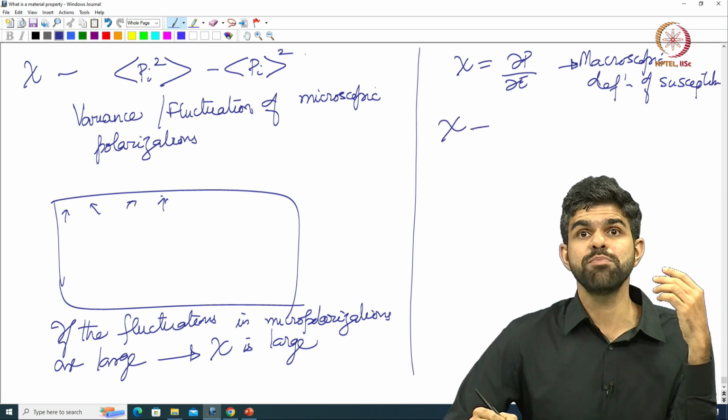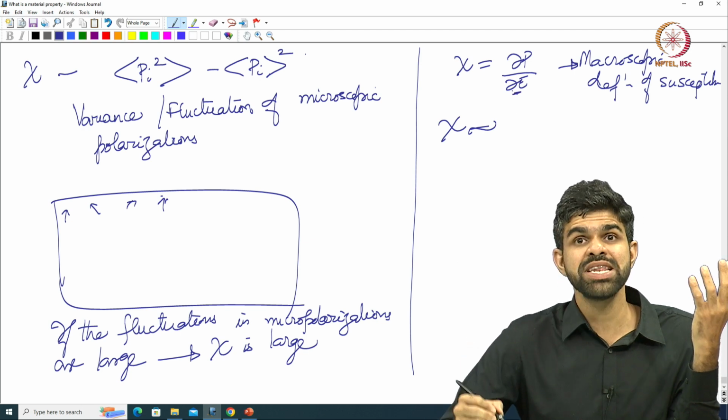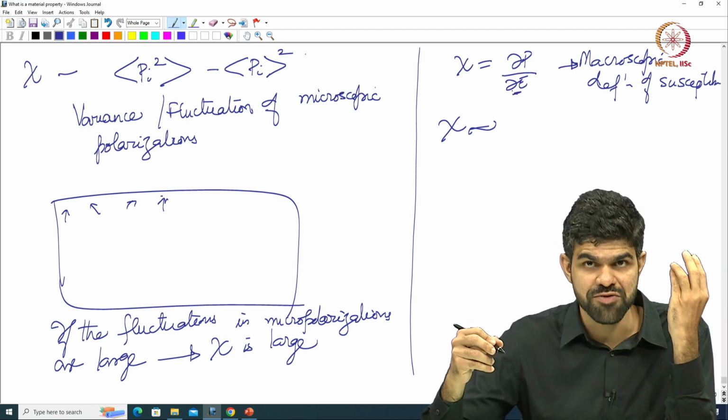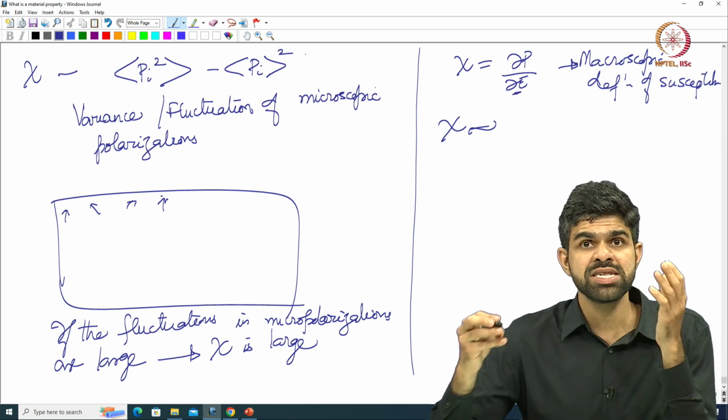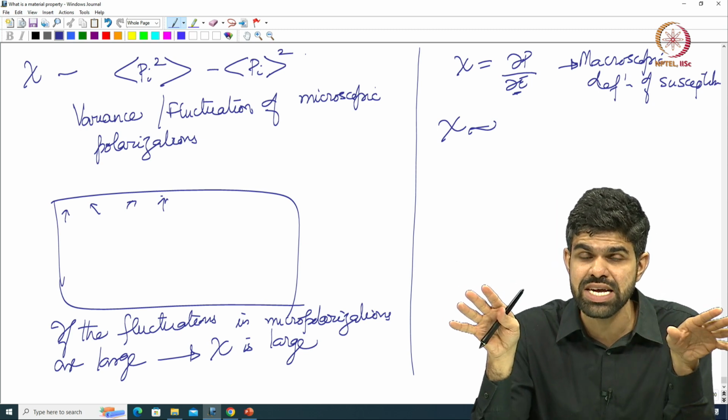But microscopically, I do not even need to apply an electric field to understand the susceptibility of the material. What I would rather see is whether this material has different polarization states it can exist in.